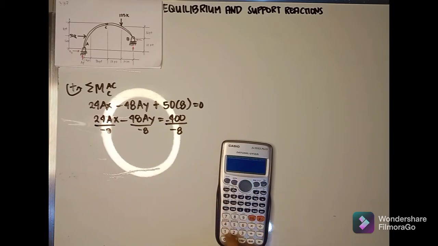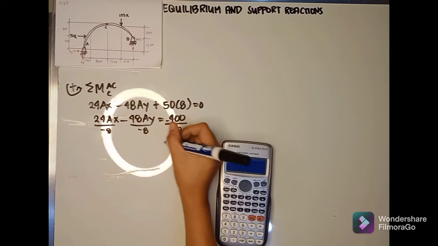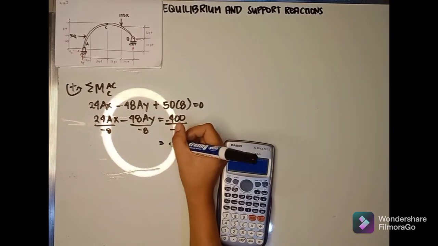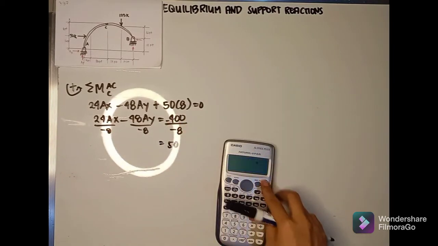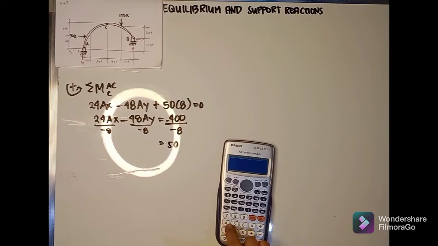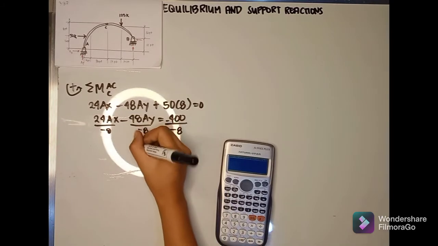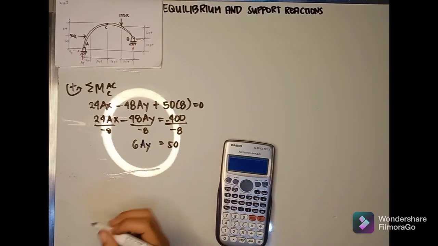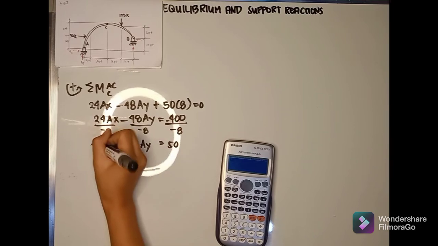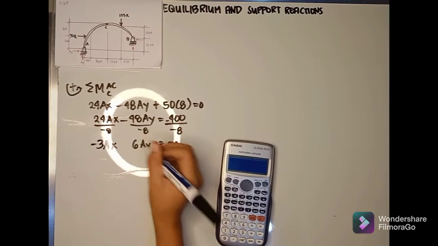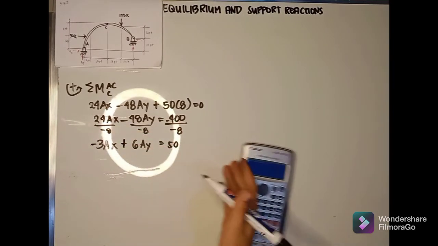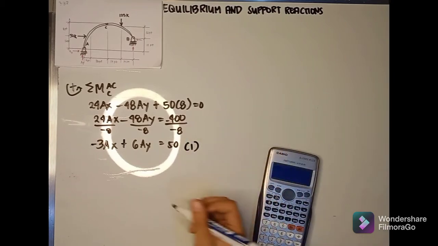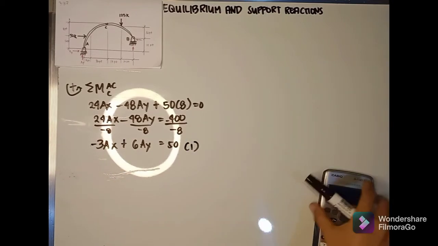Negative 400 divided by 8 is 50. 48 divided by 8 is 6, so 6 AY. Then 24 divided by 8 is 3. Negative 3 AX plus 6 AY equals 50. So, this is our equation 1. We still lack one equation.